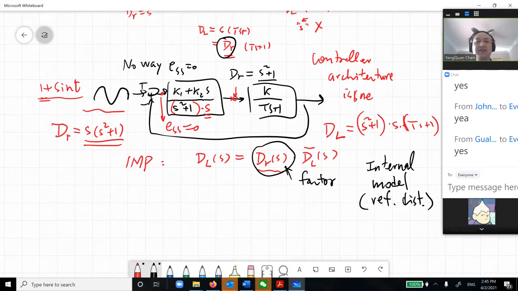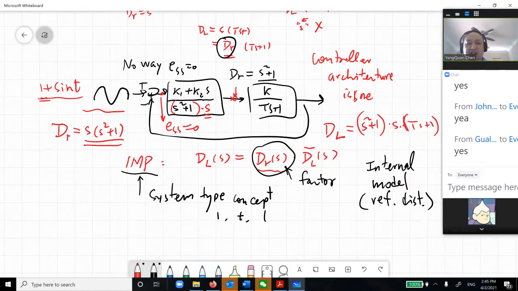Is this too fast? So basically I want to say that the internal model principle is a generalization of the system type concept. Because we only consider the system type as 1, t squared, okay? We only consider this.